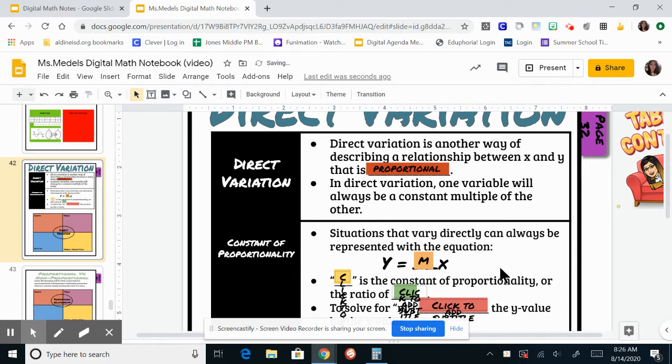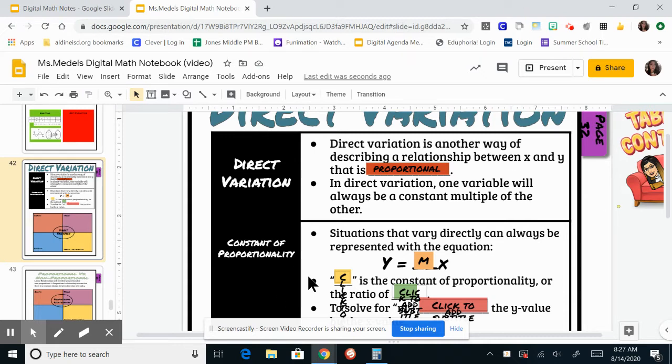Now, this is going to be a little confusing because on your reference chart, it says y is equal to kx, but Ms. Medell is changing it to y is equal to mx for a specific reason. We've already talked about slope, which is m. No matter what, the slope is not going to change. It is going to stay constant.